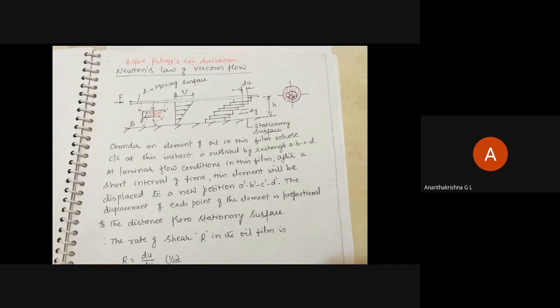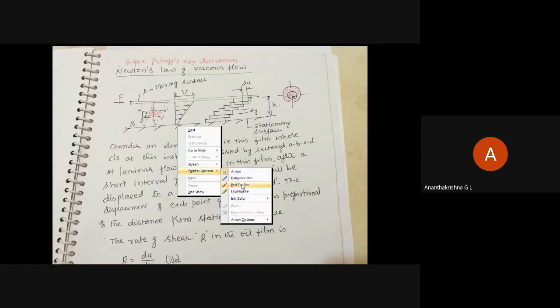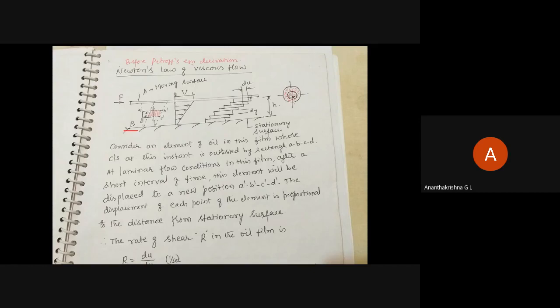Here one part of it is taken, where the journal is a moving member and the bearing is a stationary member. The moving surface is denoted by A, and B is the stationary surface which represents the bearing surface. In between we have fluid present.